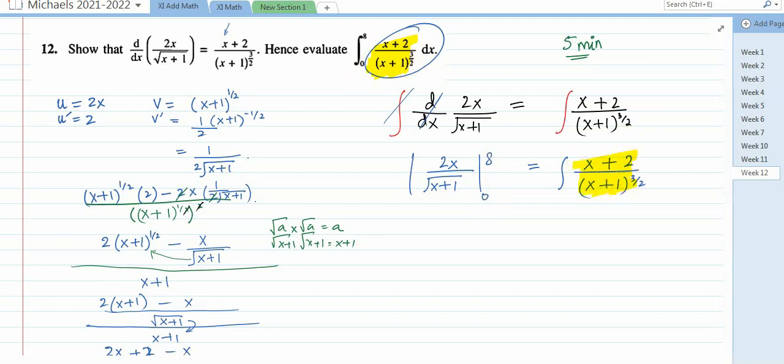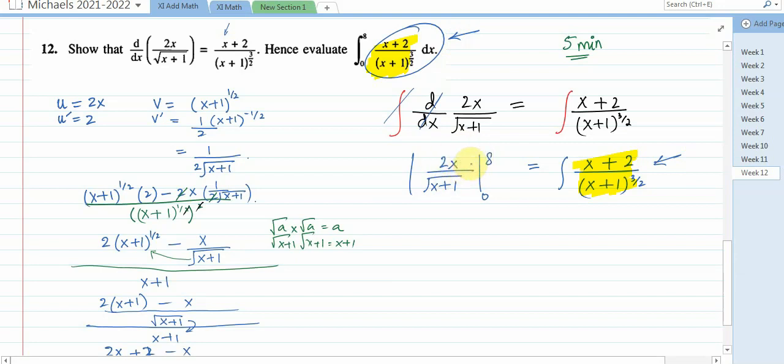It means that there is no need to multiply with any number, because in the last two parts we multiplied by a constant to make the same expression as what we are looking for. But in this question, the expression that we are looking for and what we have is exactly the same. So there is no need to multiply with any constant number. Just apply the limits on my left side to find out the final answer.